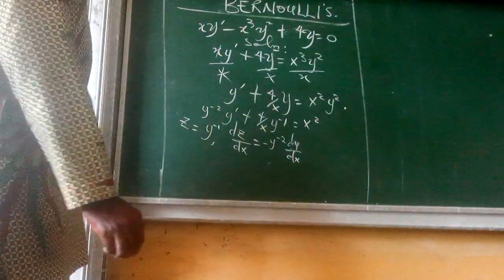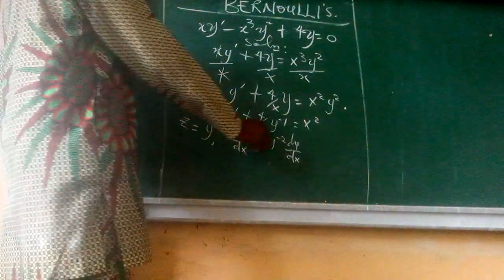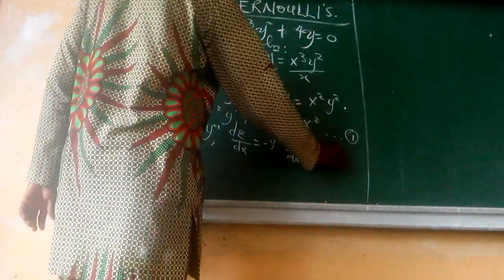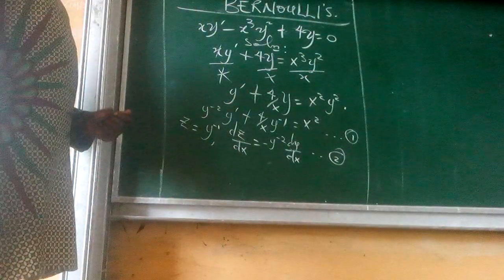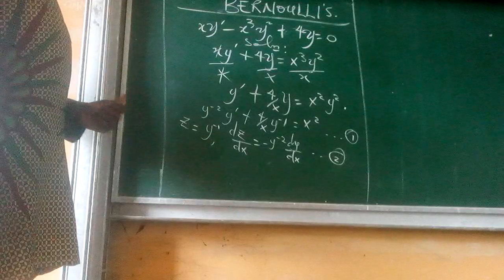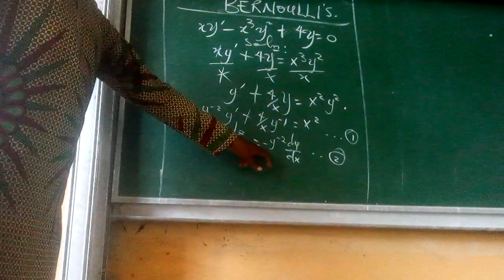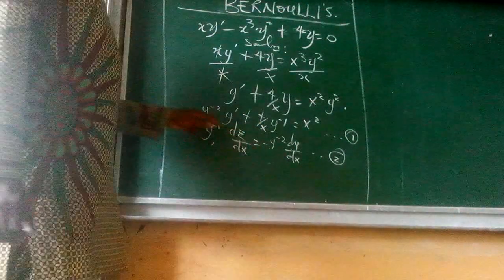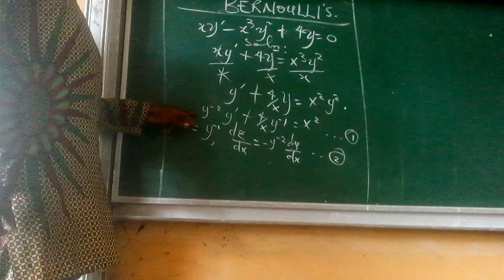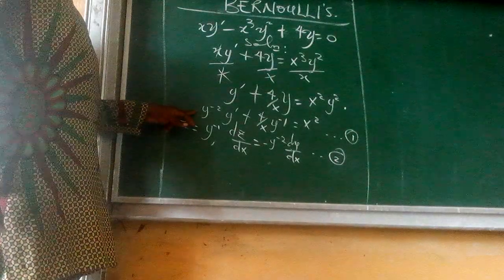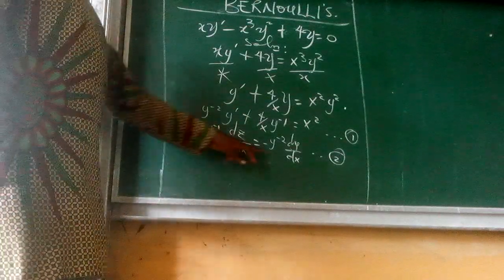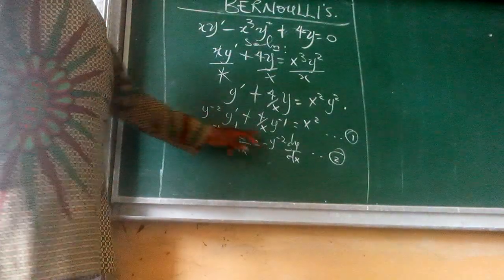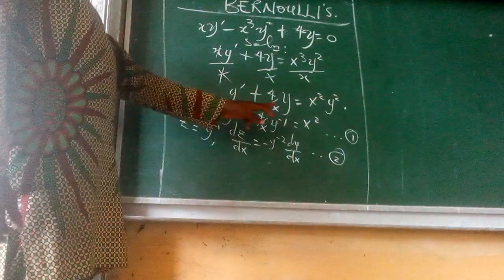Take note that if this is assumed as equation 1 and this is equation 2, we have to substitute a relationship for minus y raised to the power minus 2 dy dx in equation 1, as this is almost a semblance relationship. So the only difference between this expression and this is minus 1. So multiply equation 1 by minus 1.